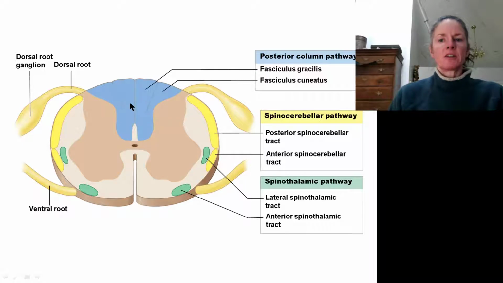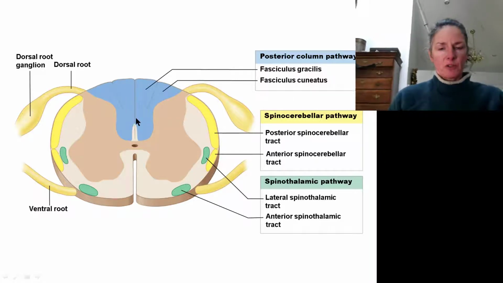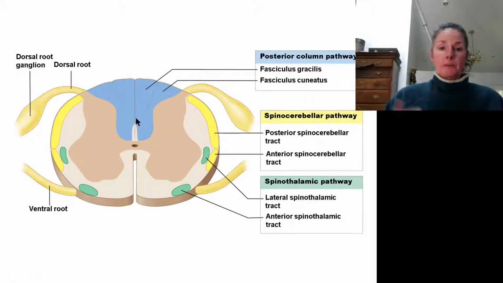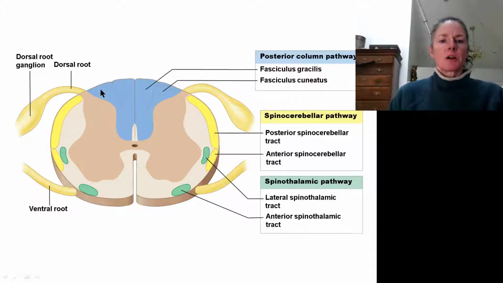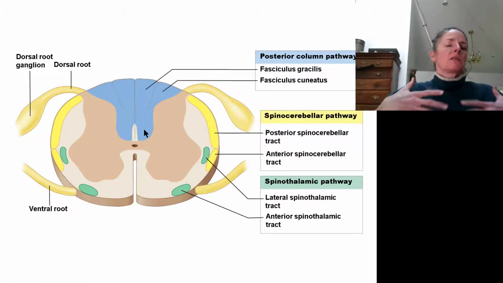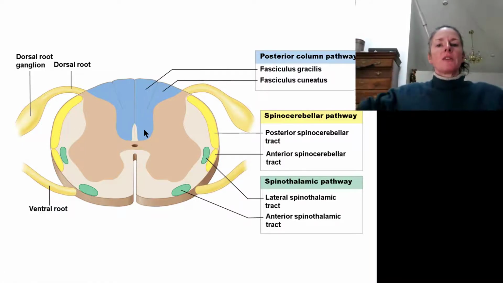And these will be divided into the fasciculus gracilis, which is going to be bringing proprioceptive and fine touch information from the legs, the lower limbs, and the trunk, the lower trunk. And then the fasciculus cuneatus, the wedge-shaped one on the outside, is going to be the one bringing information from the upper trunk and the upper limbs.